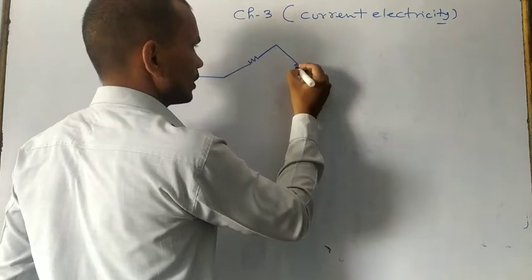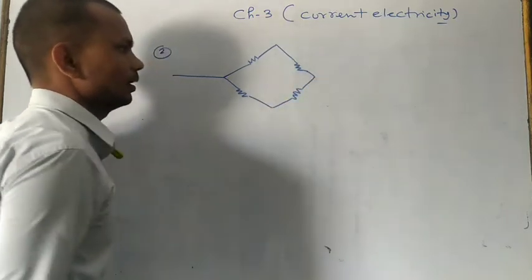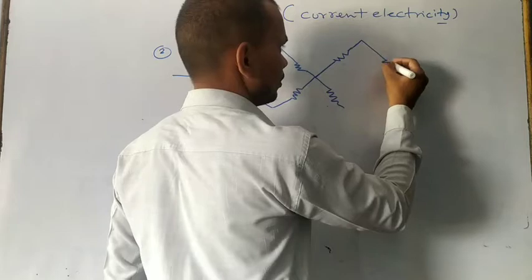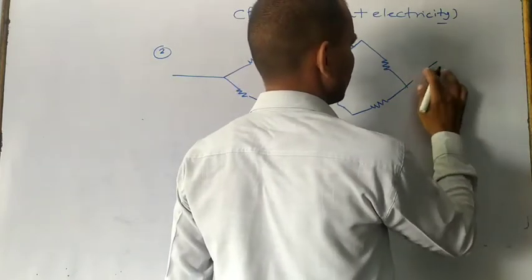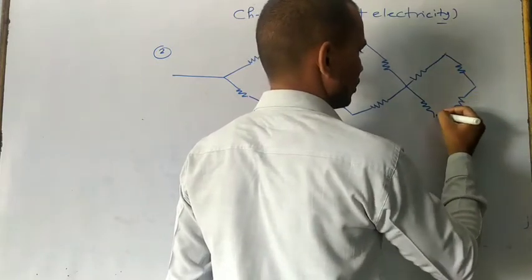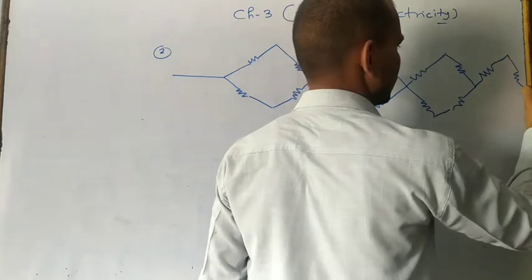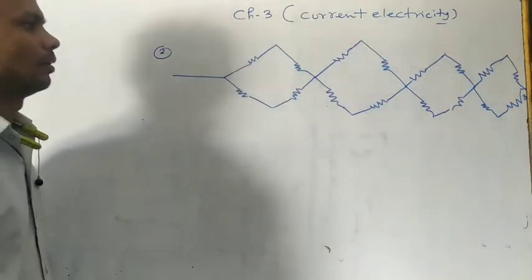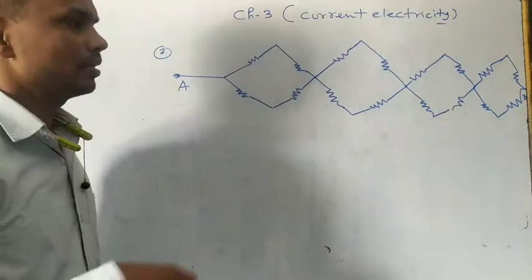Suppose this is the one resistance, and then after this is another. Here it is a similar thing, this is one network of resistances that we are making, and then after this is another, and then one more, and then another end, this is point B. Suppose this is point A, and we want to find the equivalent resistance of this network.